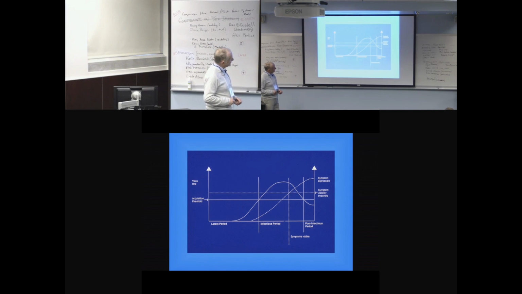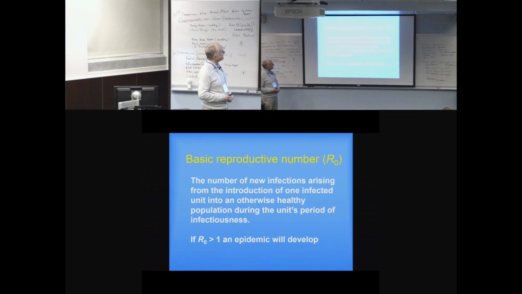If the virus titer falls below that acquisition threshold, because it's exhausted the cell's resources, or because the plant is basically dead, or because the plant has changed morphologically such that the vector is no longer attracted to it, then effectively it's removed from the epidemic development, and we enter this post-infectious period. So I think this is one way of showing how you can develop an SEIR type model quite naturally from the basic biology that you're seeing.